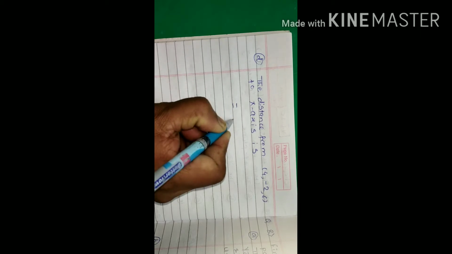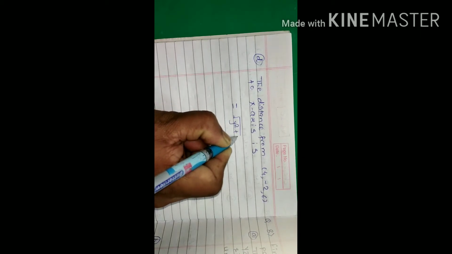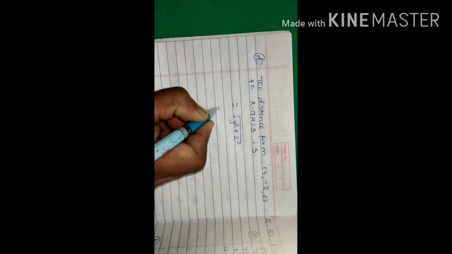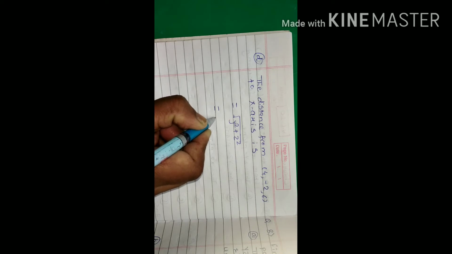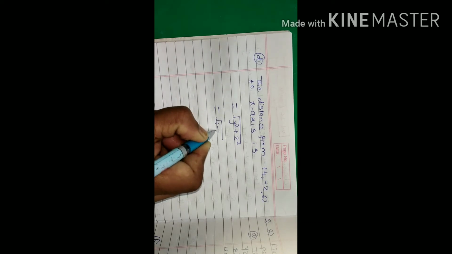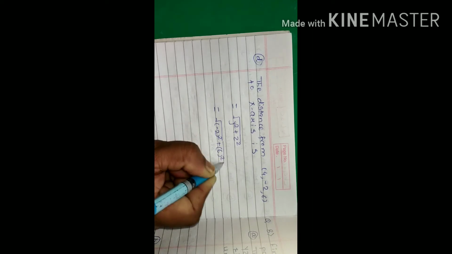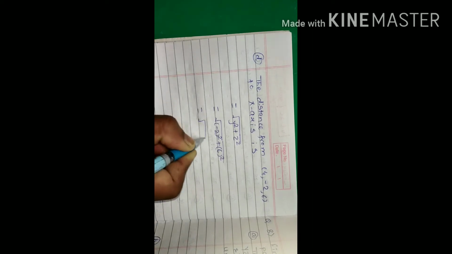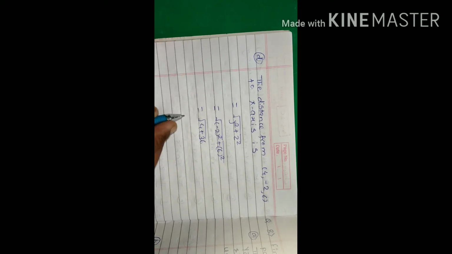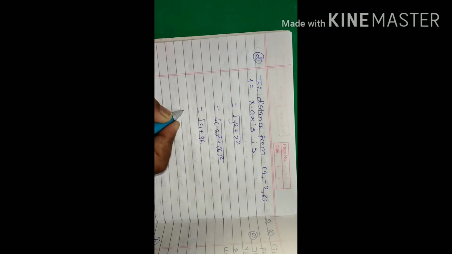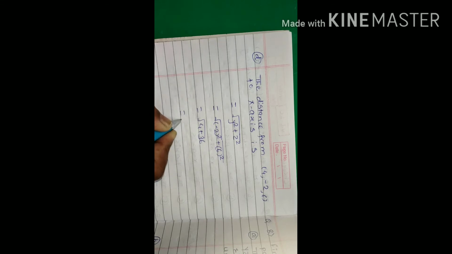So it is under root y square plus z square, that is -2 square plus 6 square, equal to under root 4 plus 36, which is under root 40.